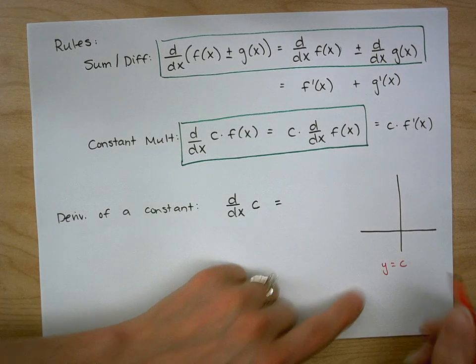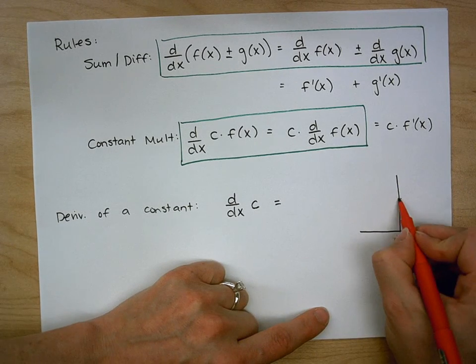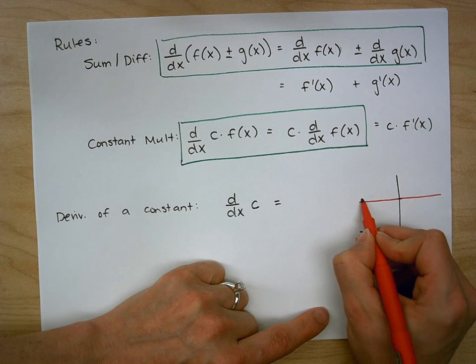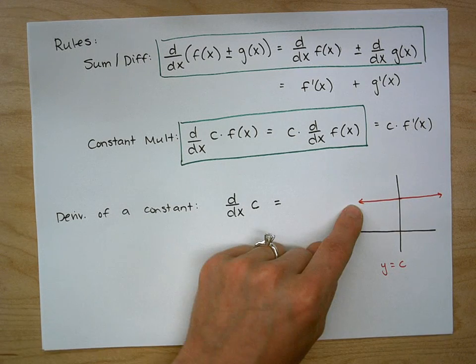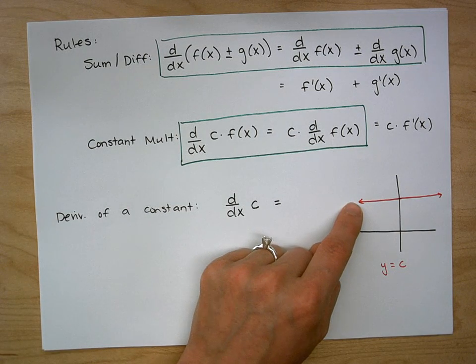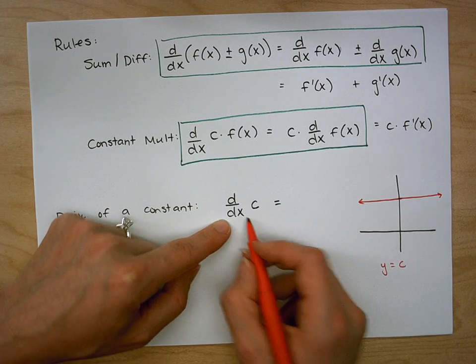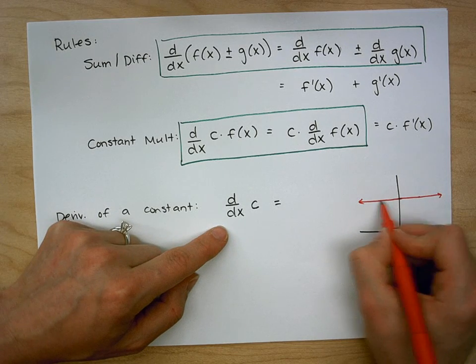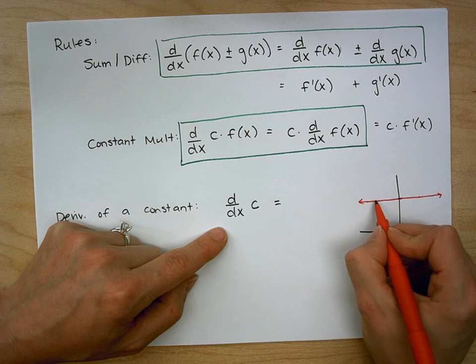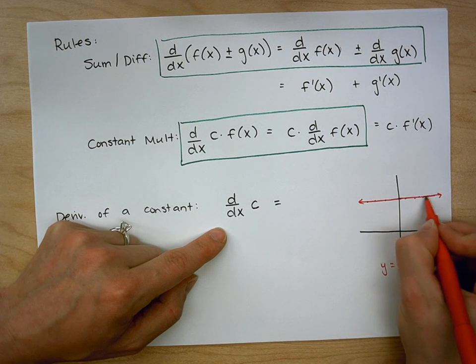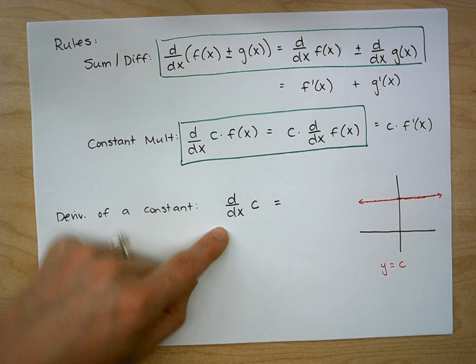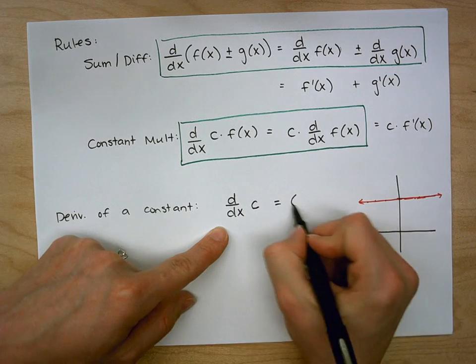Well, depending on the value of c, it may be above or below the x-axis, but either way, it's going to be a horizontal line. And so when I take the derivative, again, that's saying the slope of the tangent line at any particular point. Well, notice any point I pick along here, if I draw a tangent line, I get the slope of 0. So the derivative of a constant is 0.